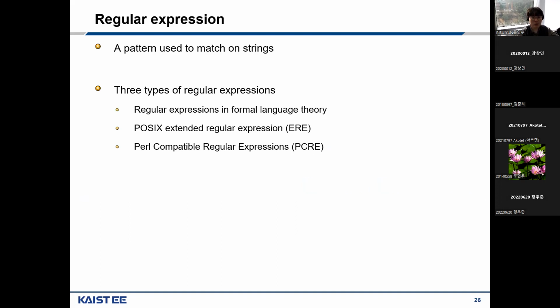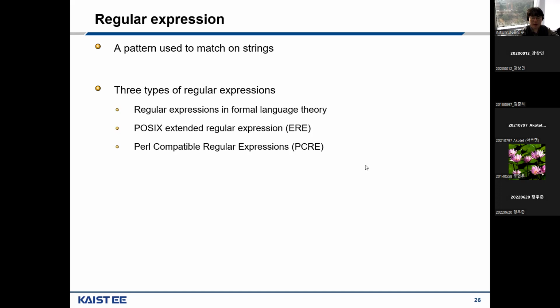The first one is the regular expression in formal language theory. This is a theoretical definition of the regular expression. POSIX developed another, the POSIX extended regular expression (ERE), because the regular expression in theory is good but not so convenient, so they added some extensions. And Perl made another one called the Perl compatible regular expression, which we call PCRE.